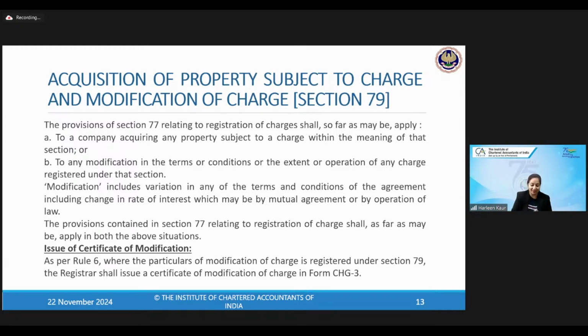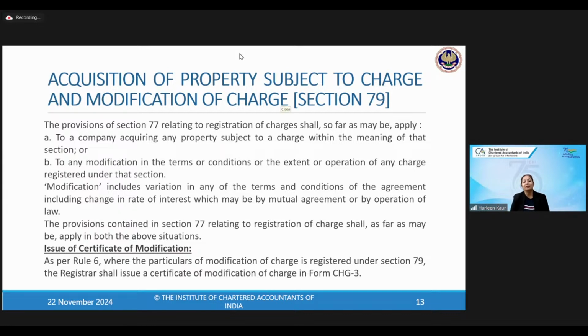Now tell me, what is 77? Yes, all of you have given it correctly. Section 77 is the duty of the company to register the charge. And what was section 78?